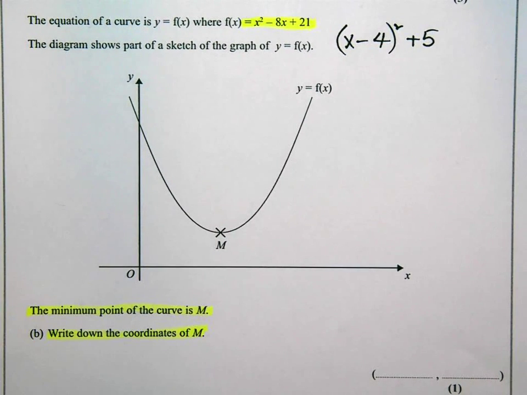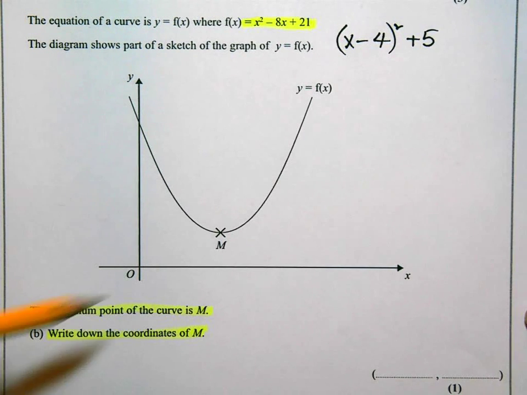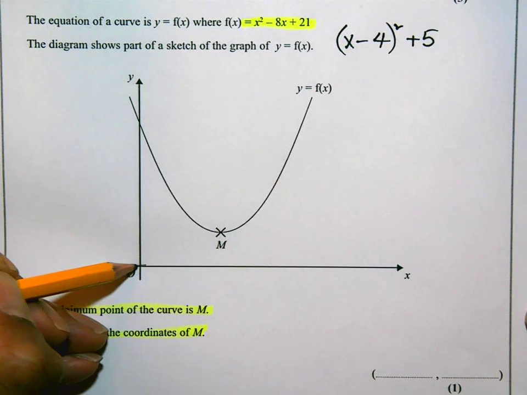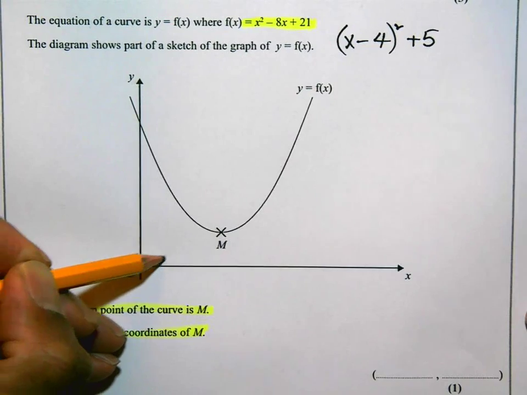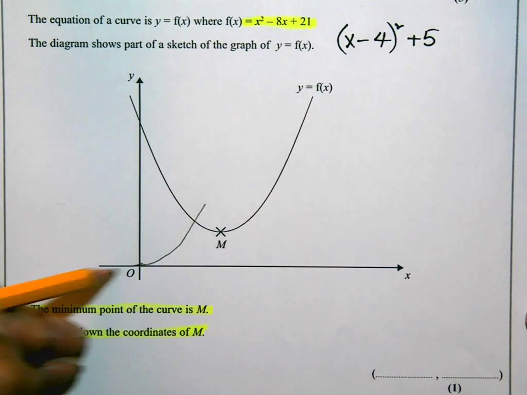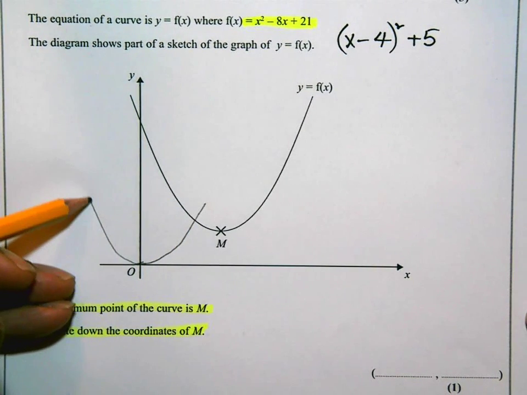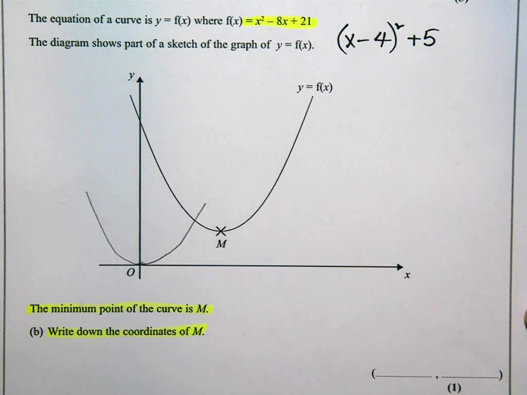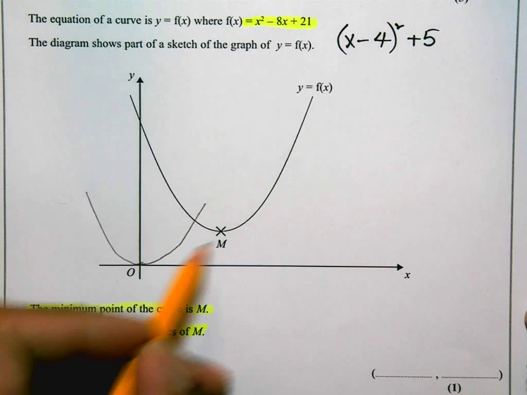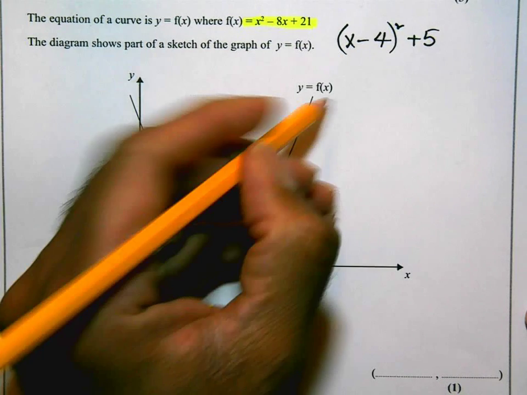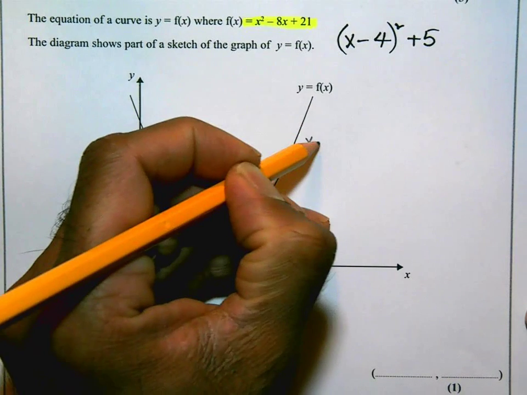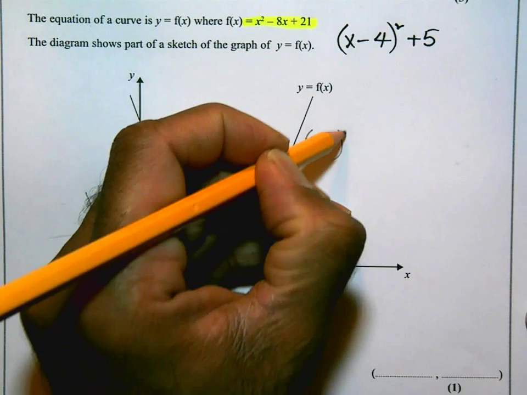Now what you should be familiar with is, if we had an x squared curve sitting here, this is about transformation of graphs. How would you move this graph from here to here? Now we know that this graph is (x minus 4) all squared plus 5.